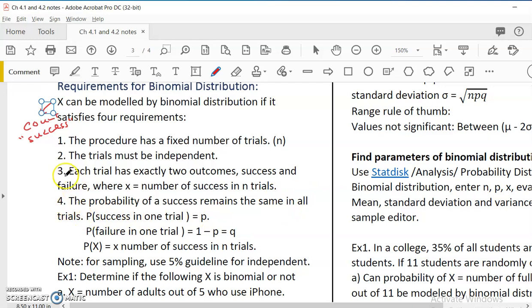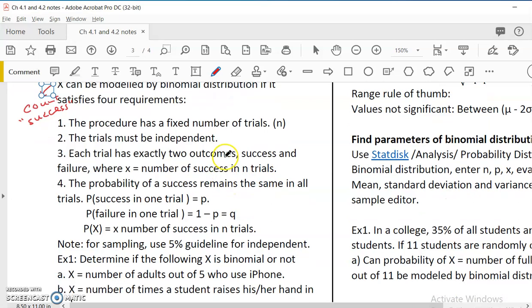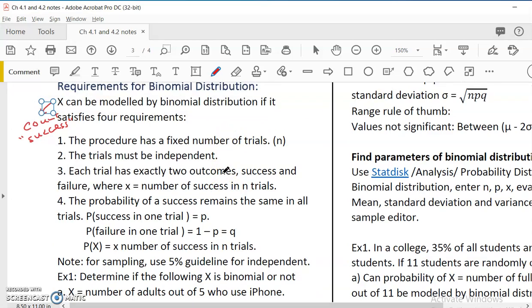That's the fourth one. And then the third is you have 2 outcomes, success and failure. The one that you're counting is called success. The one that you're not counting is failure, where x is the number of successes in n trials. So if your random variable x can satisfy all these 4 requirements, then we say x can be modeled by the binomial distribution.